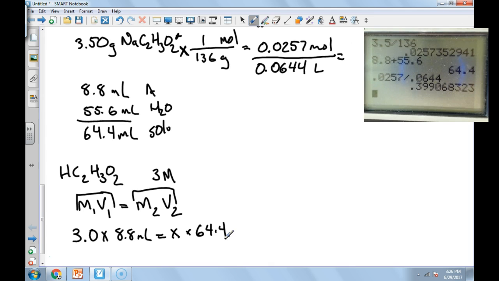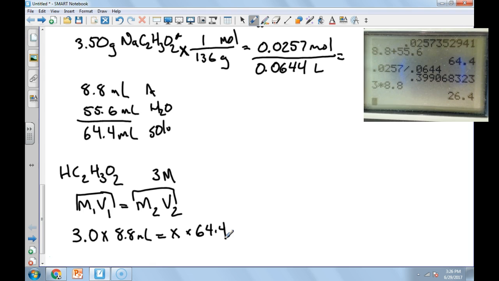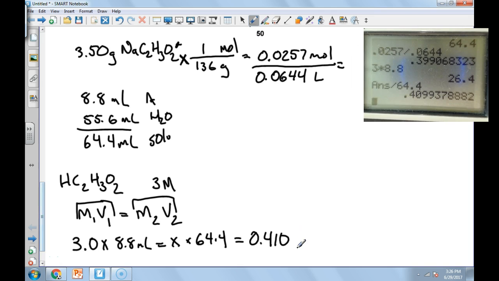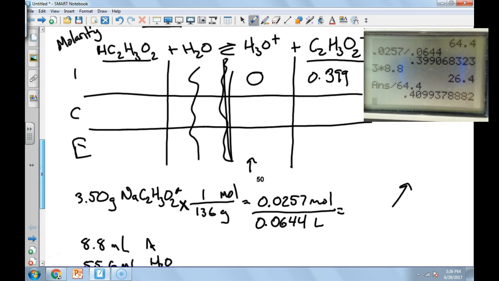So we're going to take 3 times 8.8, and then divide it by 64.4, and that's going to give us a concentration of 0.410 molar. So that means the initial molarity of acetic acid is 0.410 molar.